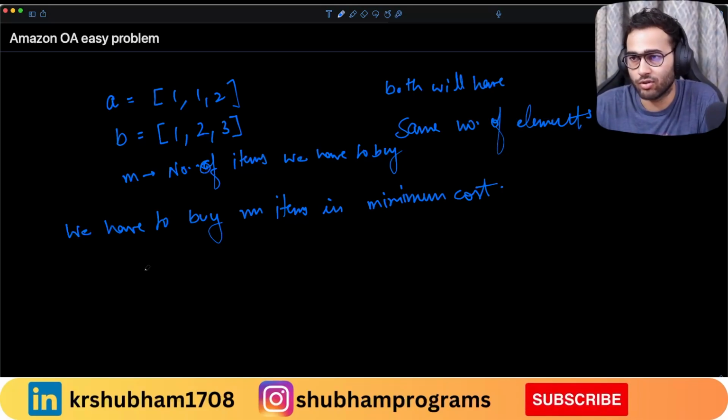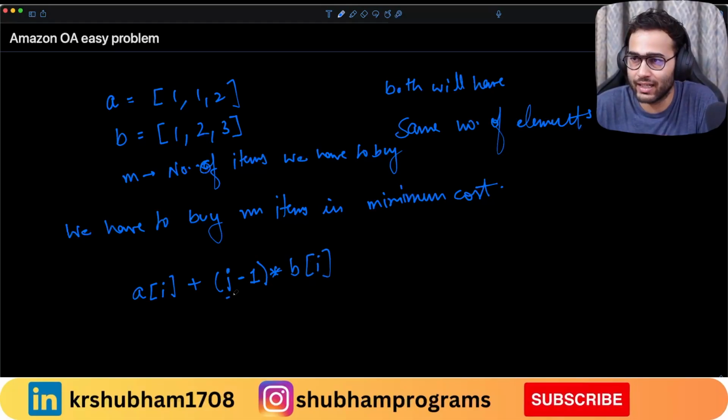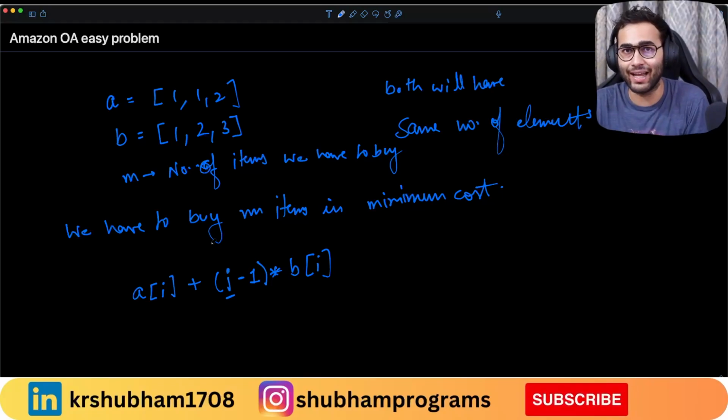I'll tell you. So the cost of buying one item is A of i plus (j minus 1) into B of i, where j is the number of times you have bought the item of type i.